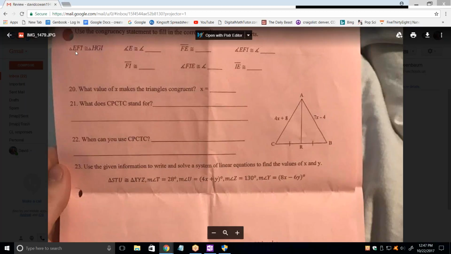By the names alone, you can tell which angles are the same. So E and H, correct. F and G. G and H. F and G are also the same. And I and I.